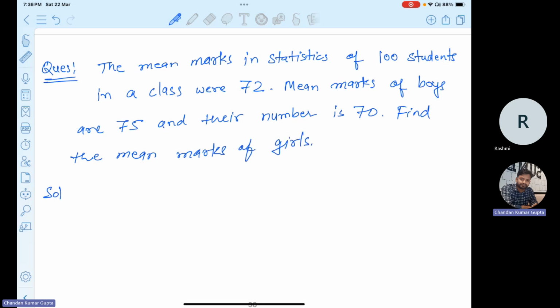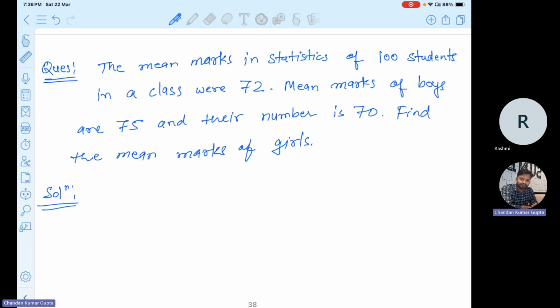So we are given a class of 100 students, in which 70 are boys, and 100 minus 70, that means the rest, are girls. The overall mean value is 72, and for the boys only the mean value is 75. We need to find the mean marks for girls only.